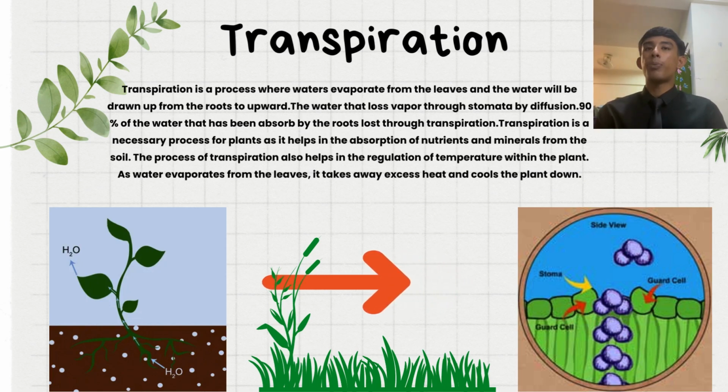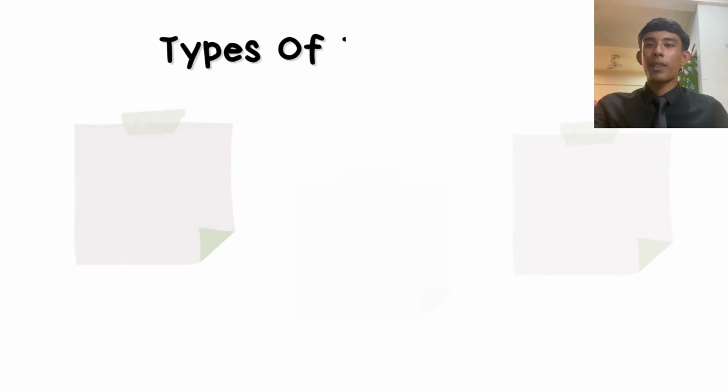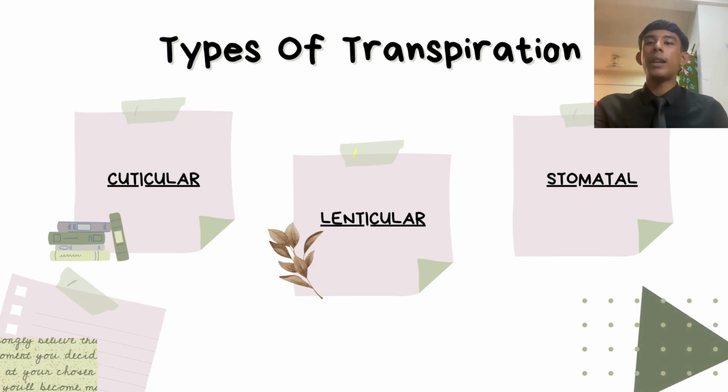As water evaporates from the leaves, it takes away excess heat and cools the plant down. There are three types of transpiration. First, cuticular transpiration. Second, lenticular transpiration. And last, stomatal transpiration.